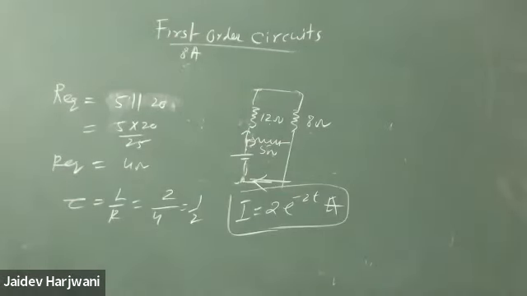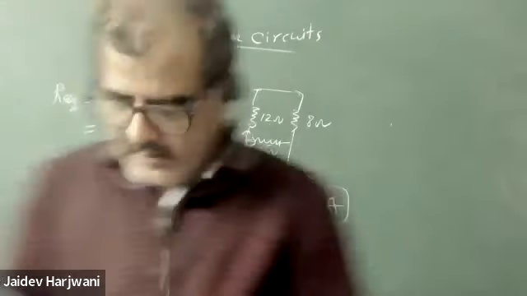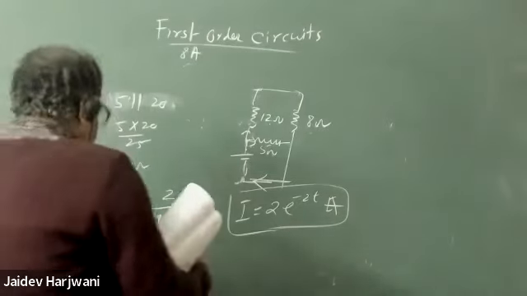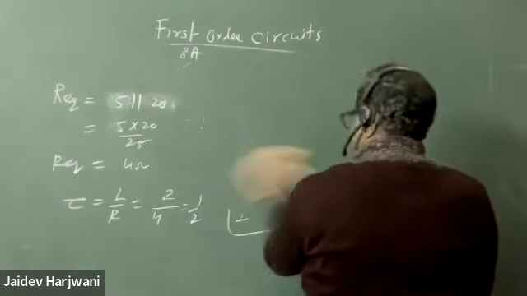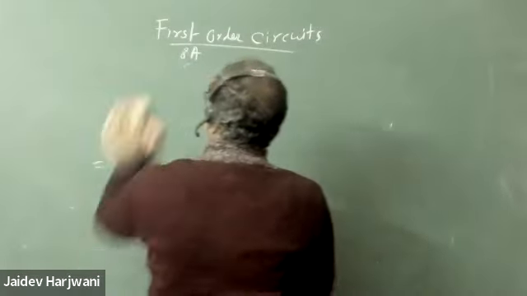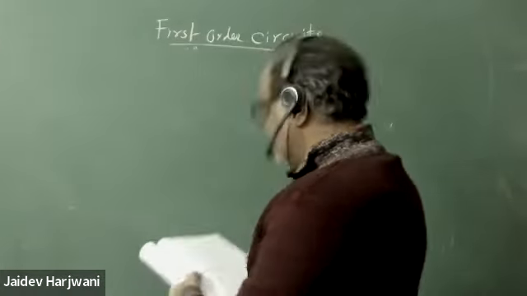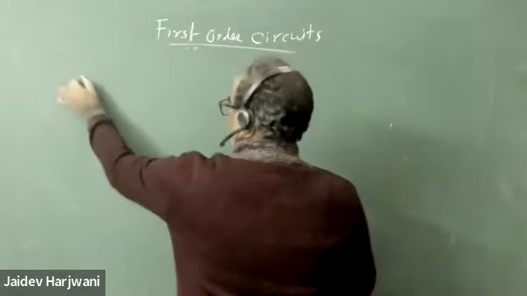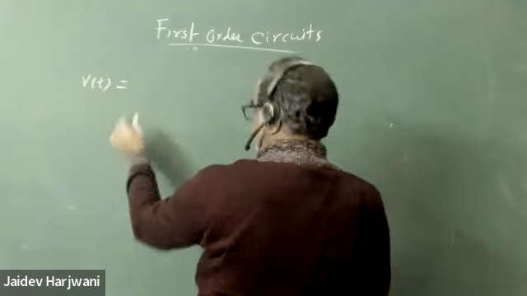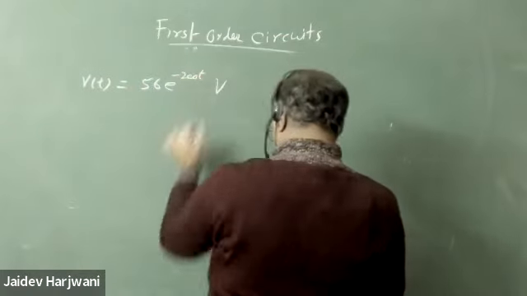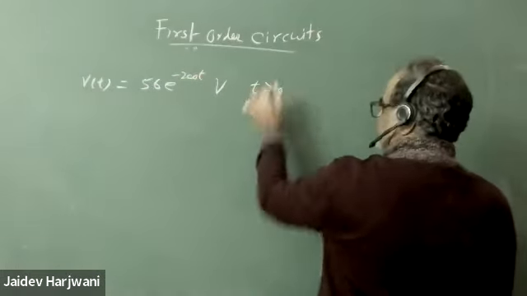Now let me give some homework to you. Vt is equal to 56 e power minus 200t volts at t equal to 0 time.